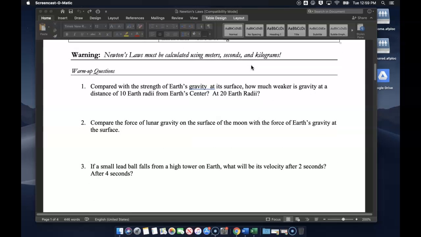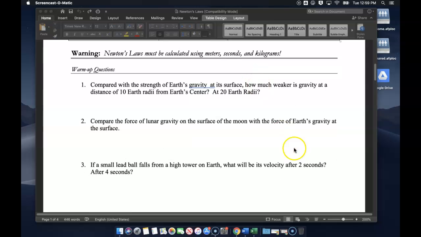You're going to multiply that by the time interval, in this case 2 seconds, and then you'll get an answer for how many meters per second it will be moving. So there should be 2 problems here, one for 9.8 times 2. The second one is 9.8 times 4. And they'll give you 2 values, and they should be in meters per second.